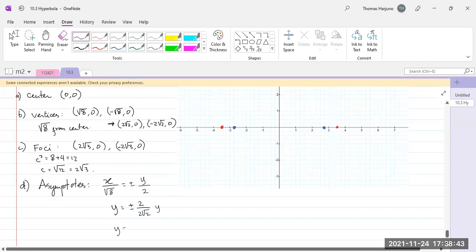So y equals plus minus radical 2 over 2 x.